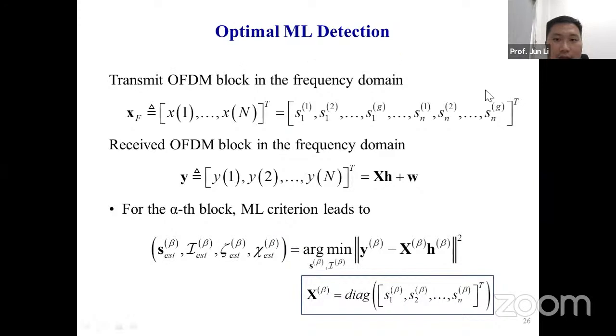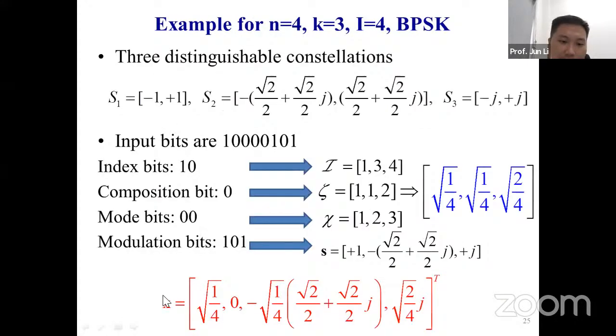Okay, this is the ML detection, right? This is the ML detection for the composite multiple modes of the IM. Similarly, the X1, the XF, right? We read the XF. It's just the transmitted vector here, right? This is the XF actually.